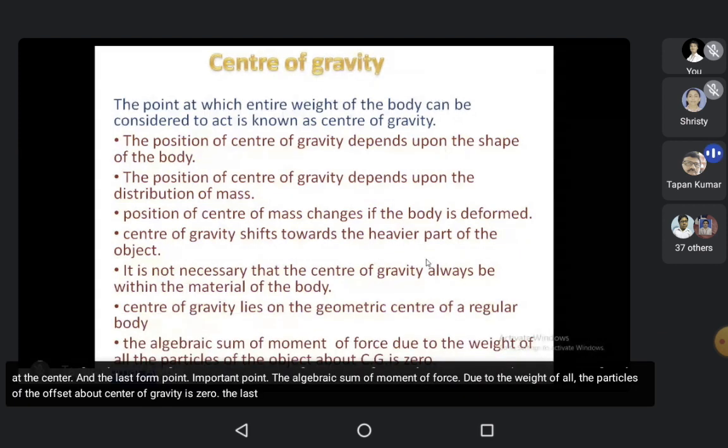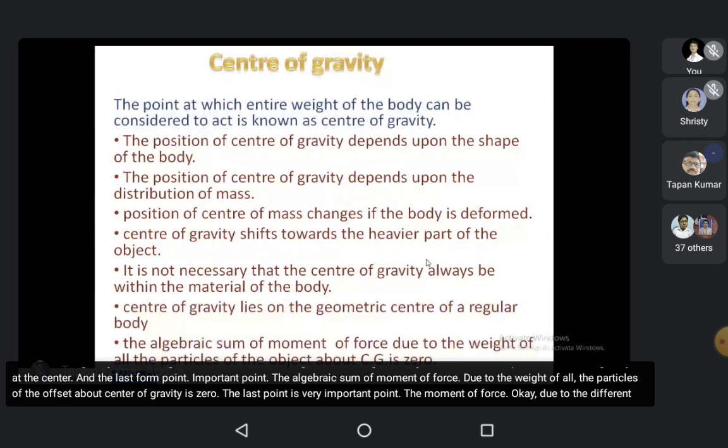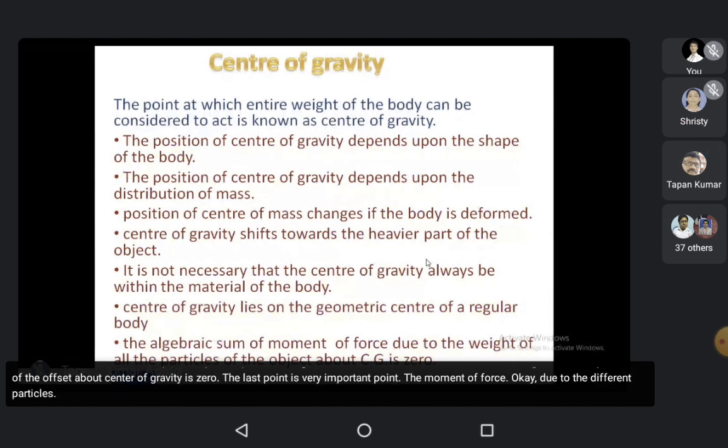The last point is a very important point. The moment of force due to the different particles about center of gravity is 0.